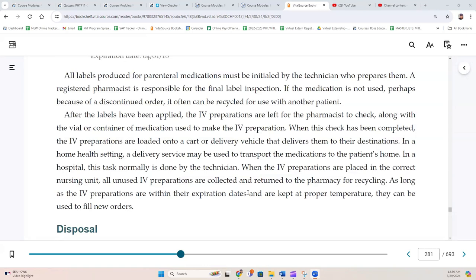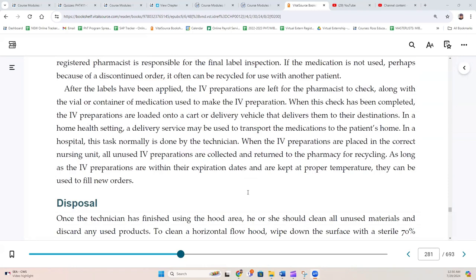If the medication is not used, perhaps because of a discontinued order, it often can be recycled for use with another patient. After the labels have been applied, the IV preparations are left for the pharmacist to check along with a vial or container of medication that was used to make the IV preparation. When this check has been completed, the IV preparations are loaded onto a cart or delivery vehicle that delivers them to their destinations.